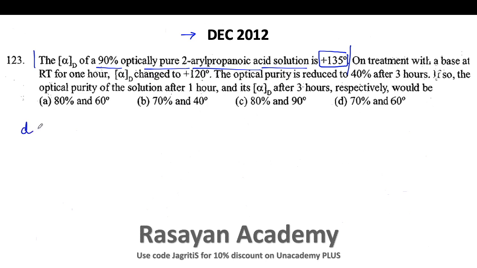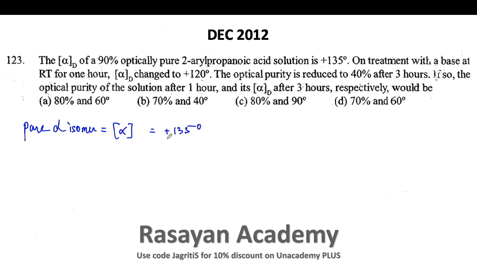Dextrorotatory sample is, let's say, how much will 100% pure dextrorotatory isomer have as specific rotation?